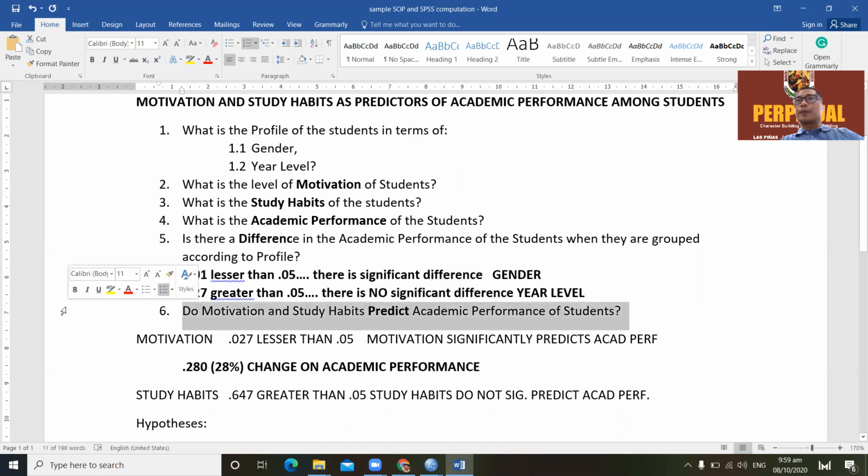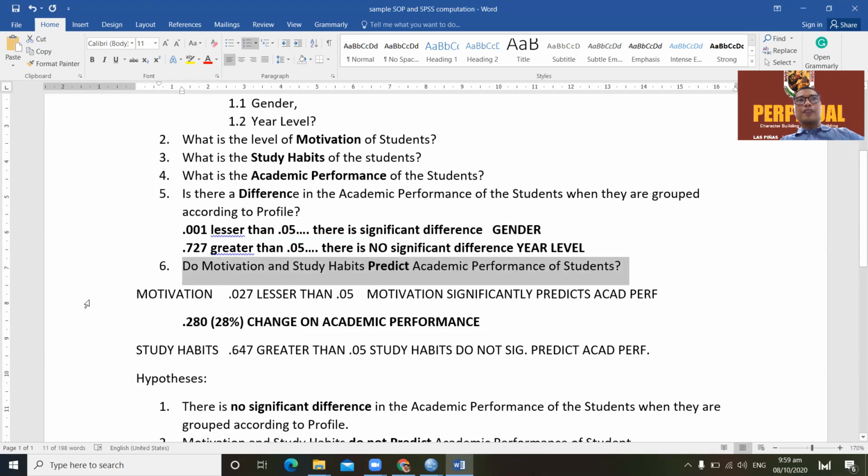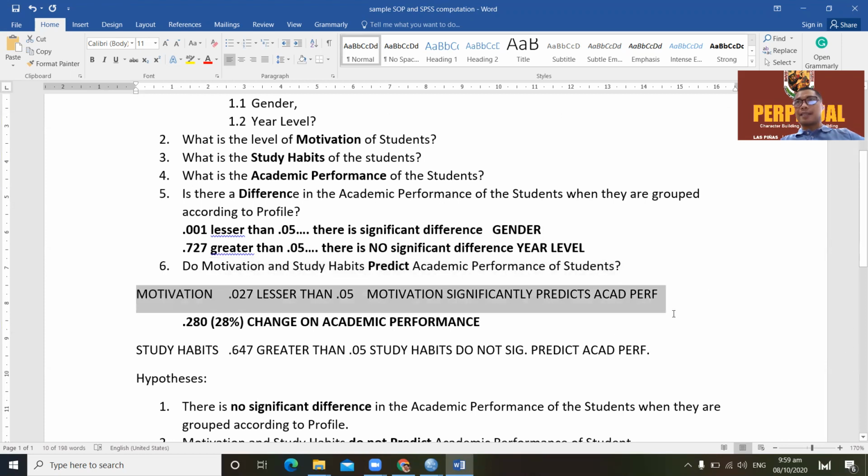With regards to the question, do motivation and study habits predict academic performance of students? For motivation, the answer is yes. It significantly predicts academic performance, because the data of 0.027 is less than 0.05.